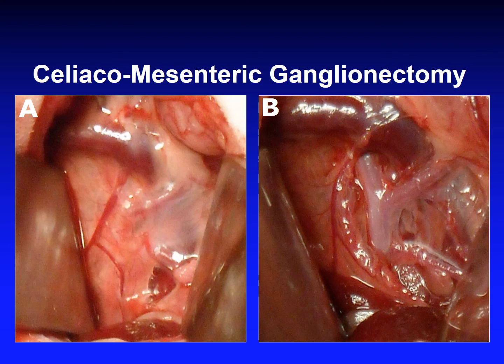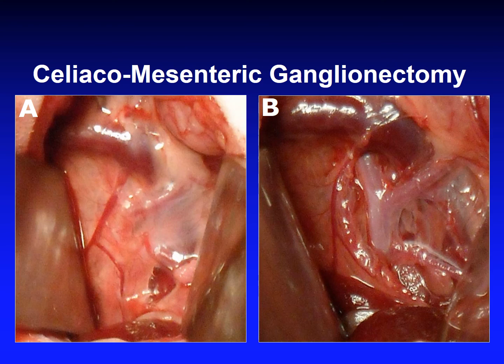The arteries, the aorta, celiac, and cranial mesenteric artery, are clearly seen in B. However, in A, they are covered with this milky looking tissue. That milky looking tissue is the ganglia itself.